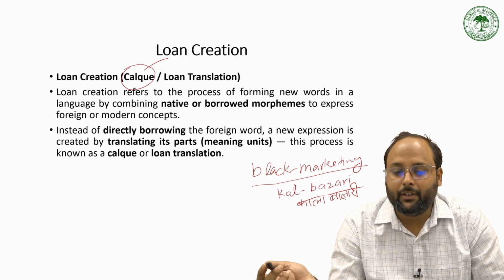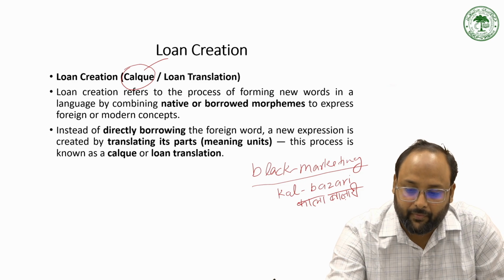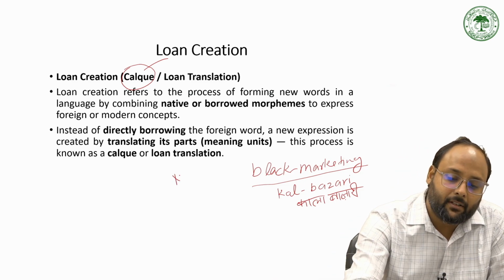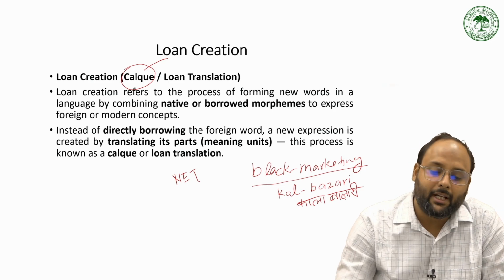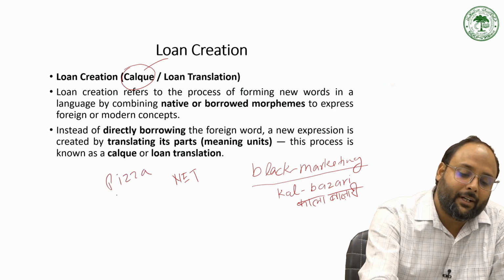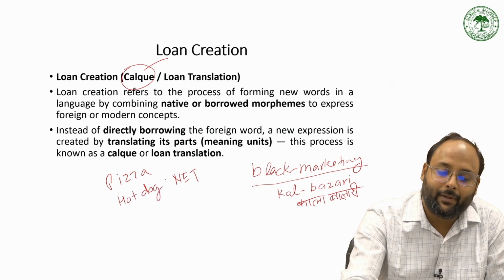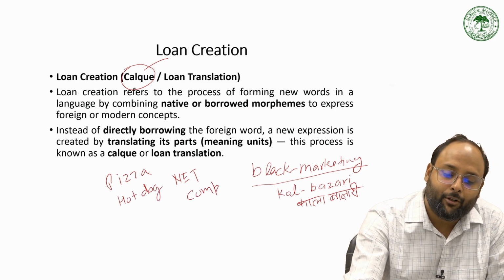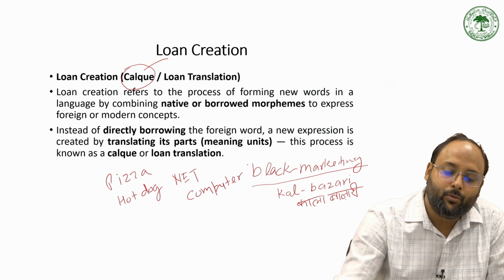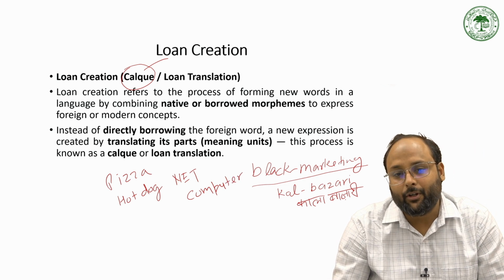For example, we borrowed words like net, used for internet, pizza, hot dog, and computer. But those terms are used as they are, as we borrowed them from the foreign language.